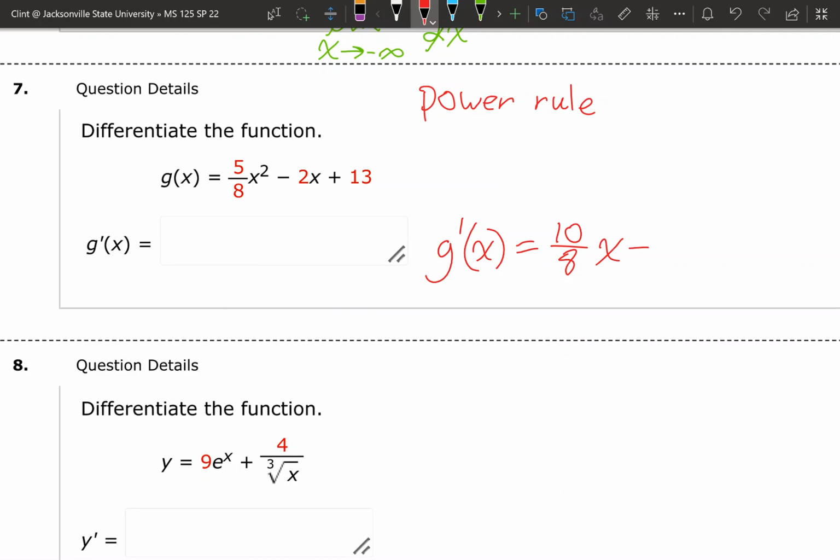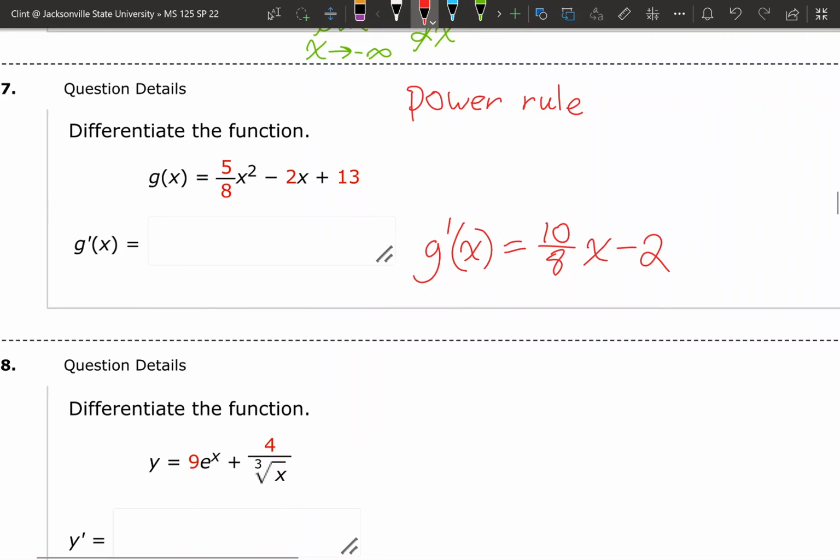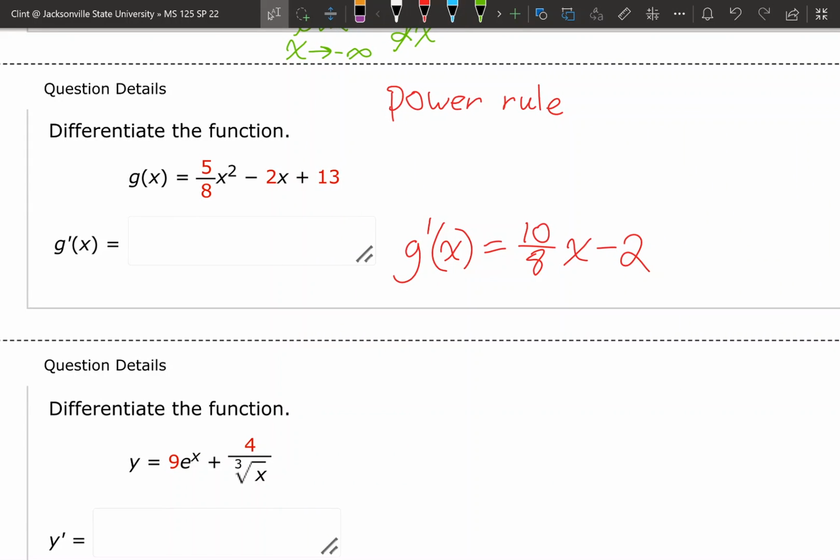If we subtract 1 there, we get x to the 0th, so it just leaves us with -2. And then if we take the derivative of 13, we just get 0 because it's constant. So there's that, and then we can simplify a little bit. Five fourths x minus 2. Not too terrible, hopefully.